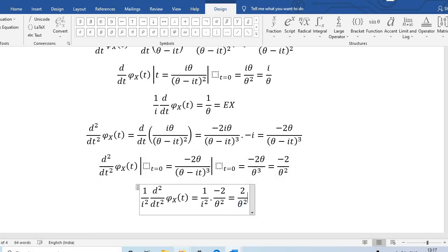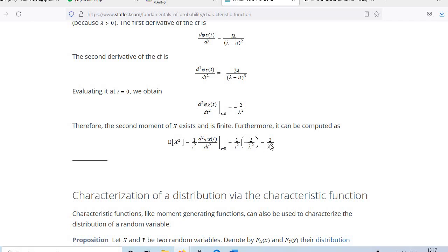So that is the answer. That is given here, 2 by lambda square.